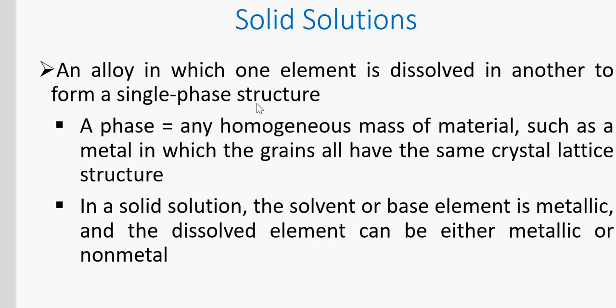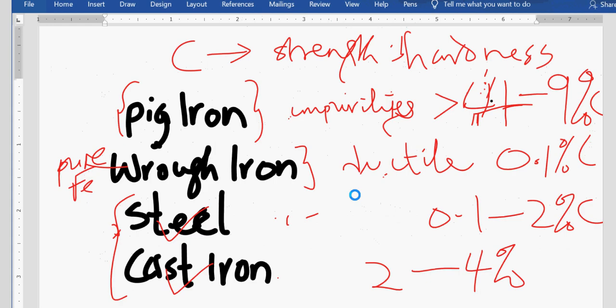A solid solution is an alloy in which one element is dissolved in the other to form a single phase structure. When the other dissolves in the bigger component, we call that a solid solution. A phase is any homogeneous portion of material, such as metal, in which the grains all have the same crystal lattice structure. Phase means you cannot see any difference between any two regions.